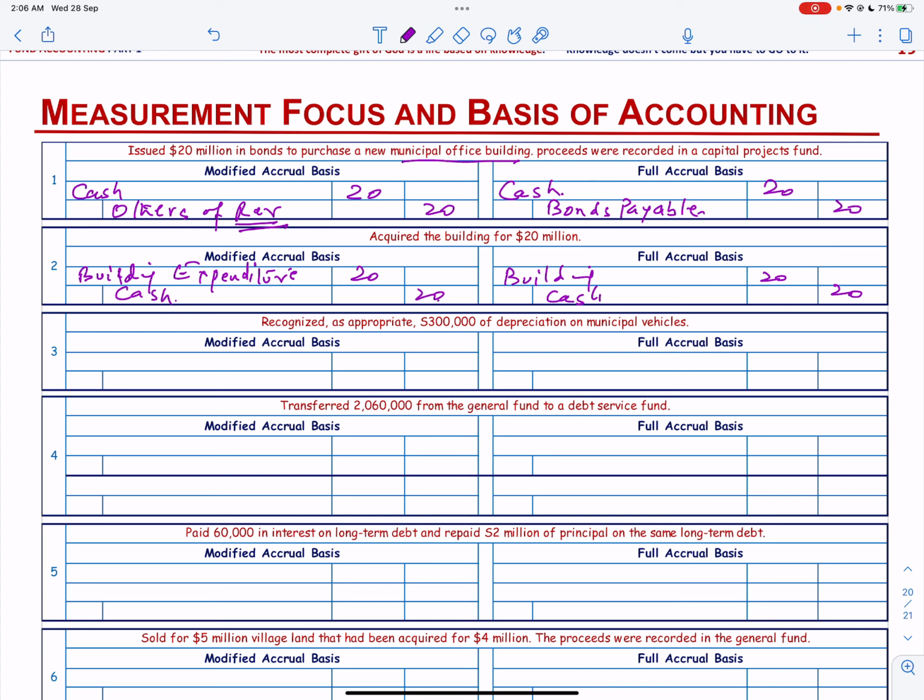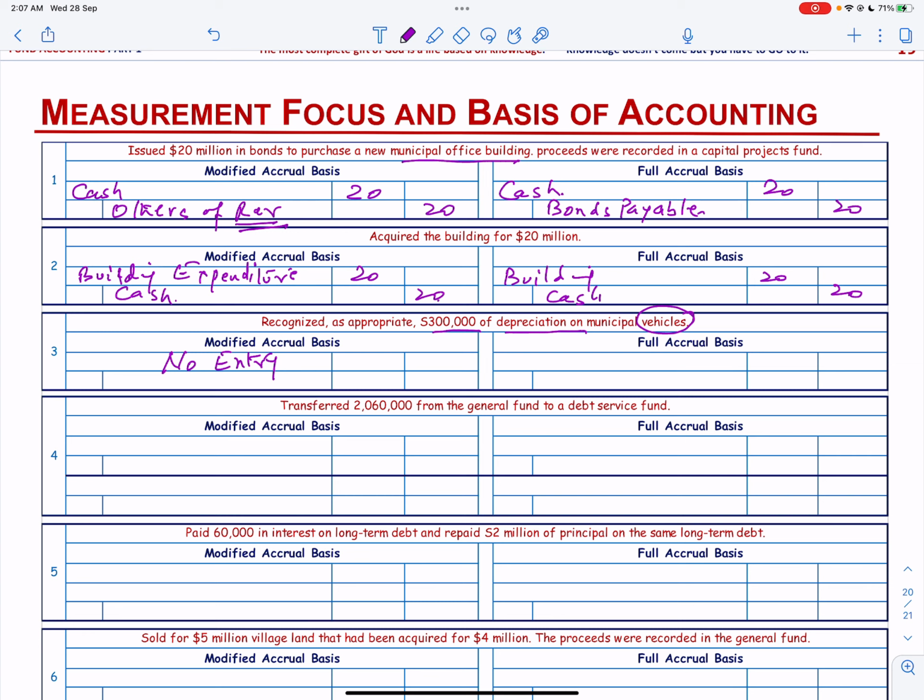Let us look into the third transaction. Recognize as appropriate 300,000 of depreciation on municipal vehicles. Now under modified accrual basis, we will not record this transaction. So there will be no entry, because under modified accrual basis we don't have long-term assets, and since there are no long-term assets, there will be no depreciation also.